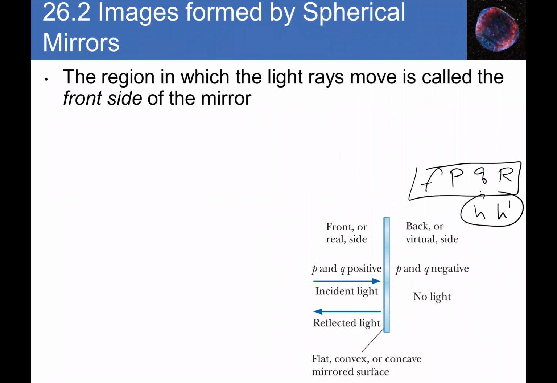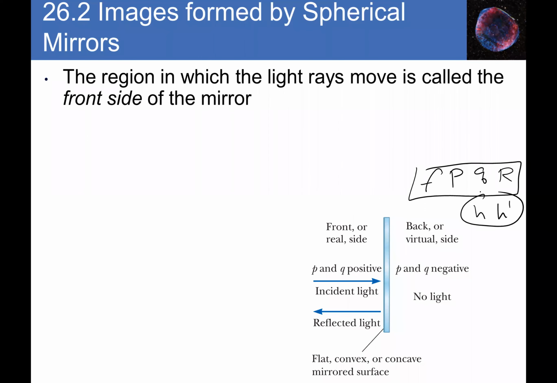Those variables can be positive or negative depending on what type of mirror you're using, but there's a standard that we use. It's one way of understanding where you put a positive and where you put a negative. I've been trying to give you hints about those, in front of the mirror, back of the mirror, and things like that. This is kind of what you can see.